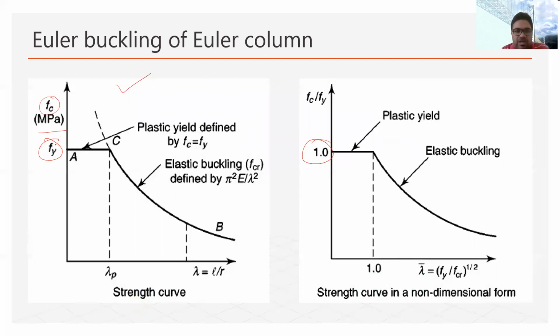If the ratio Fc upon Fy is 1 and lambda is 1, all the values are shown in non-dimensional form. Lambda can be calculated by this. This is the curve that we look at when we are dealing in the non-dimensional form. Otherwise, generally the curve is generalized from this parent curve only.